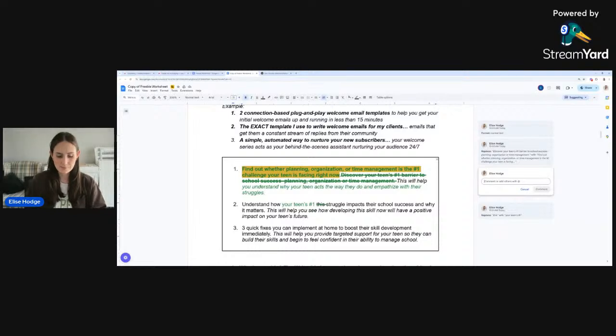So I would integrate these three options at the beginning of your points on the landing page.